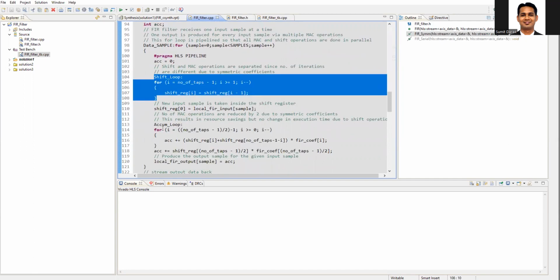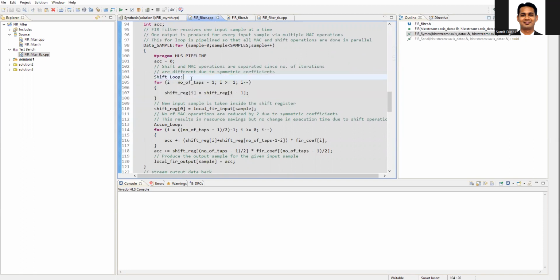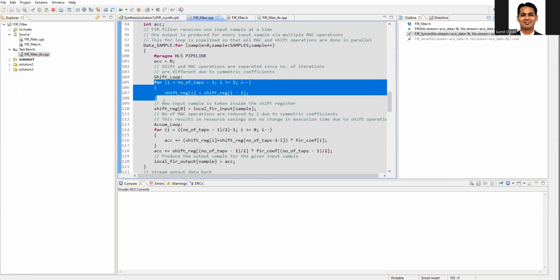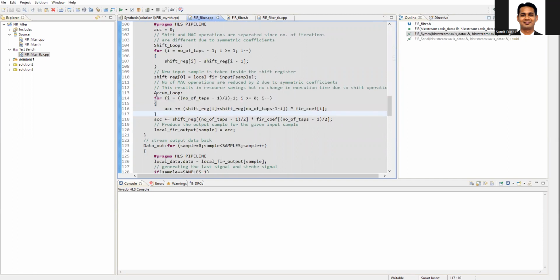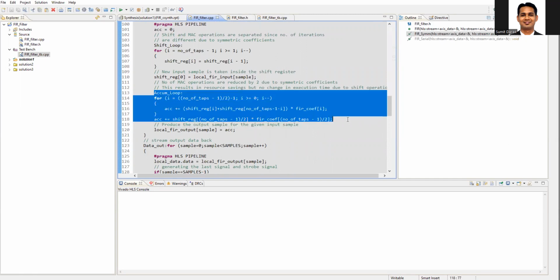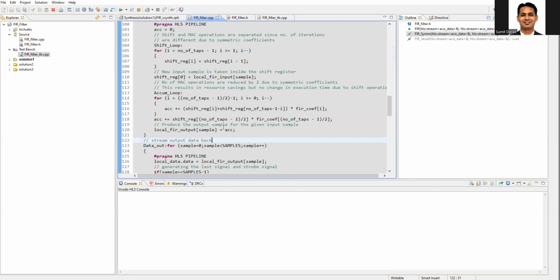Size of the shift register will not change. Its size is equal to the number of taps, because I need to store all those previous inputs, but the size of the MAC operation will be reduced by half. So this is how I have done the corresponding logic. You can have a look at it later and then understand it. Rest of the things remains the same.